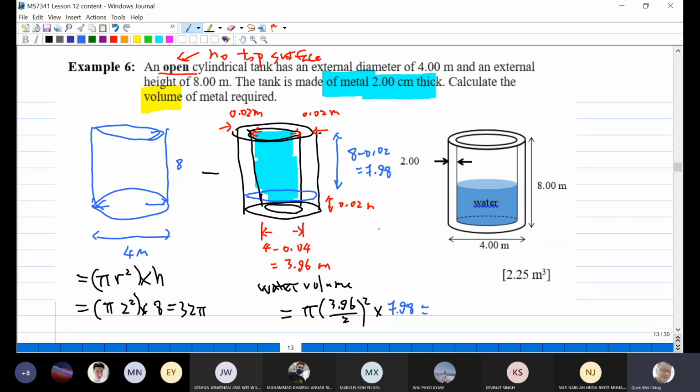This gives 98.28 here. And this one, 32 times pi, is equal to 100.53.